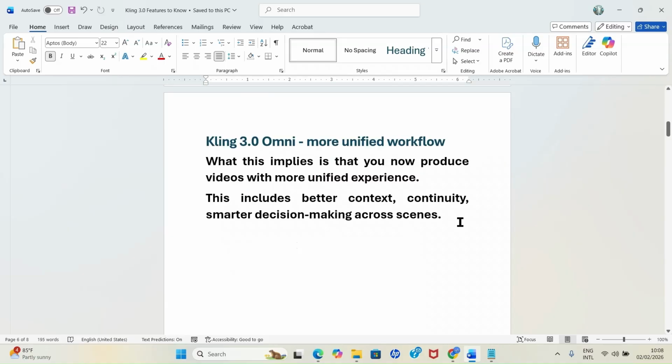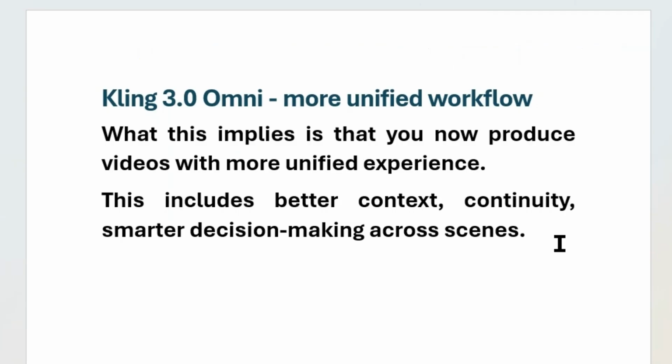The next feature of Kling 3.0 is Kling 3.0 Omni, okay, which gives you a more unified workflow. What this implies is that you now produce videos with a more unified experience. All right, this includes better context, continuity, and smarter decision making across scenes.